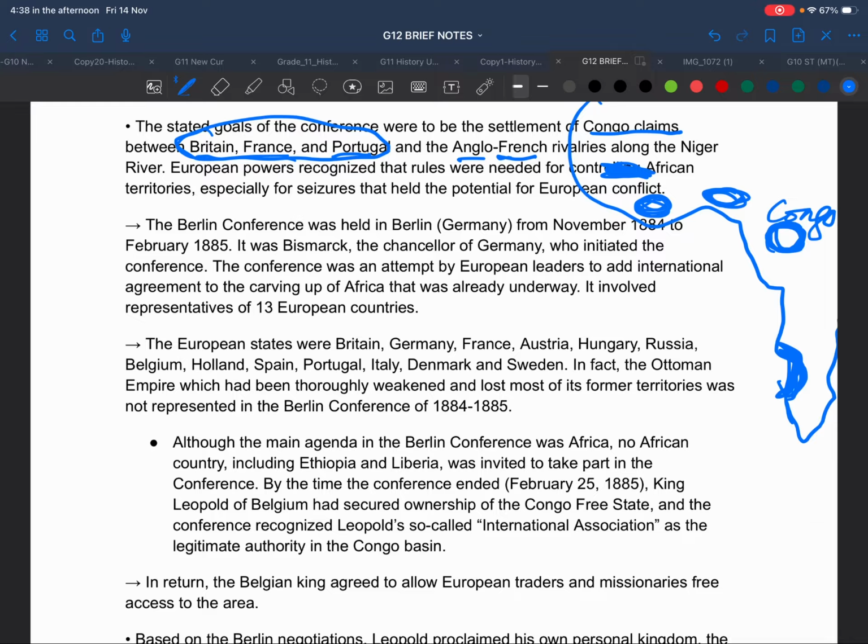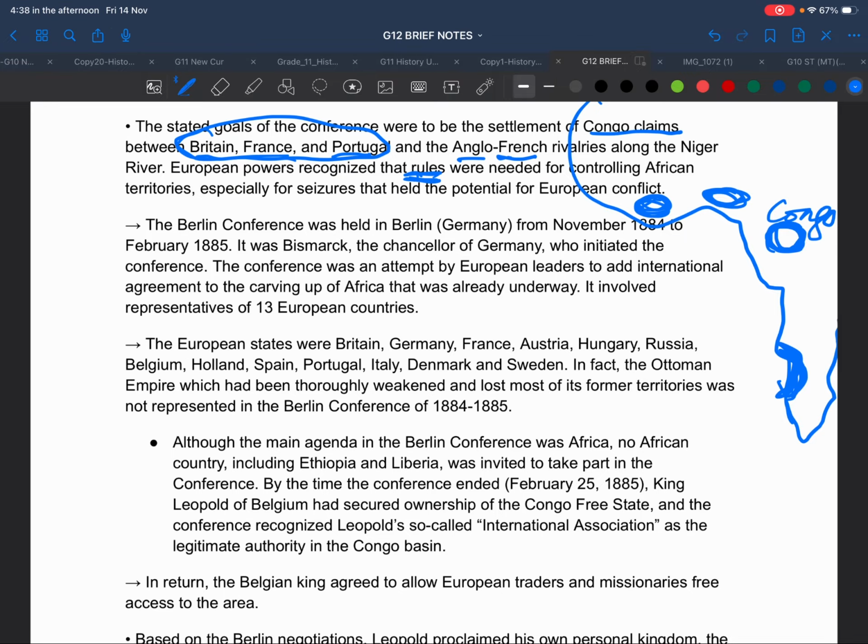European powers recognized that rules were needed for controlling African territories, especially for seizures that held the potential for European conflict. Rules, meaning these were ground rules, basic ones. Every rival power should respect them.